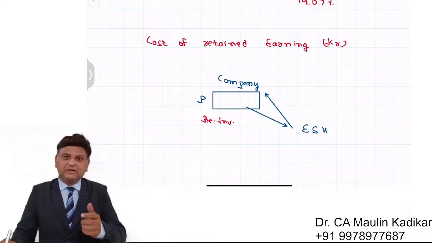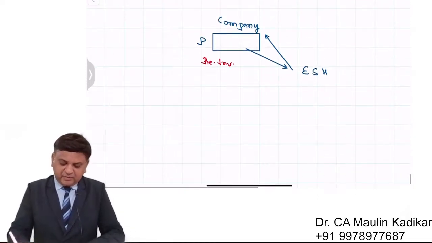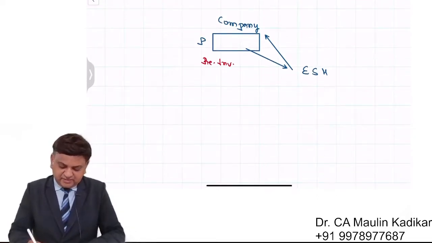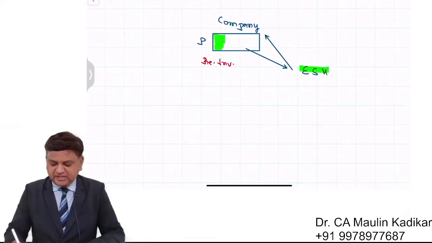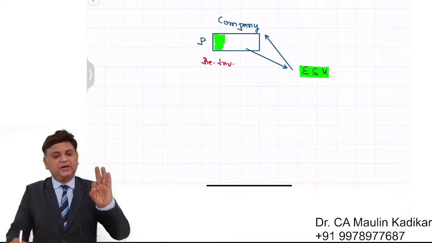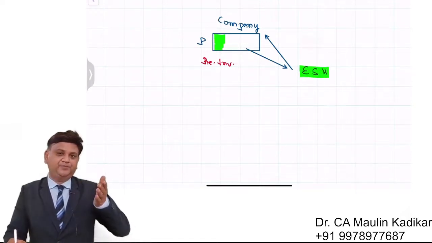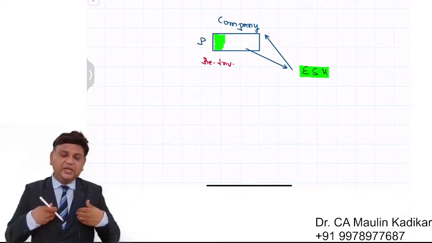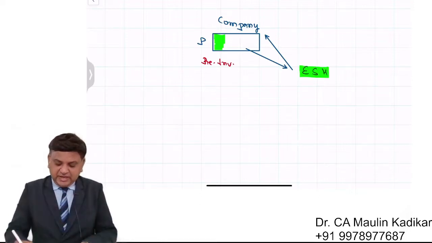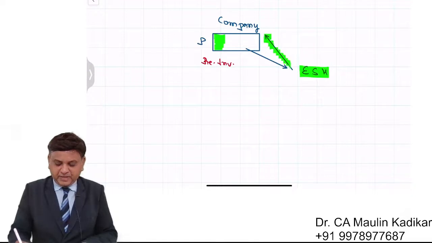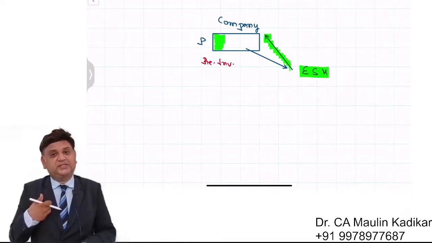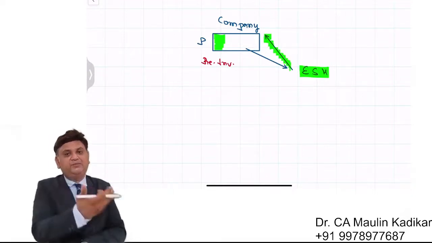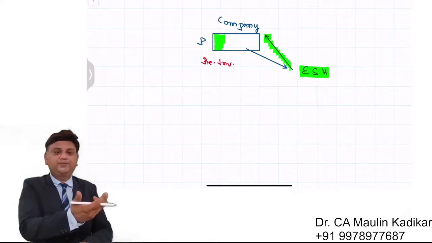So basically, whatever the amount that the company is reinvesting, for that equity shareholders have a contention that we are expecting you to give a return as if it were the fresh investment that we have made, because we have taken the risk and given you our hard-earned money.